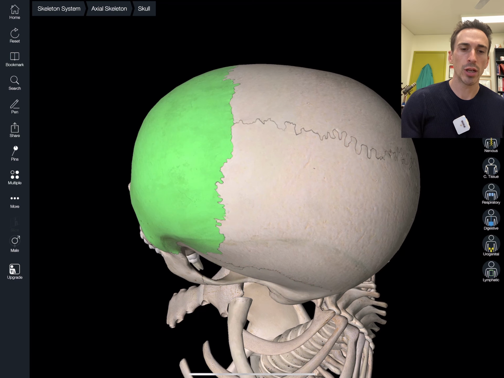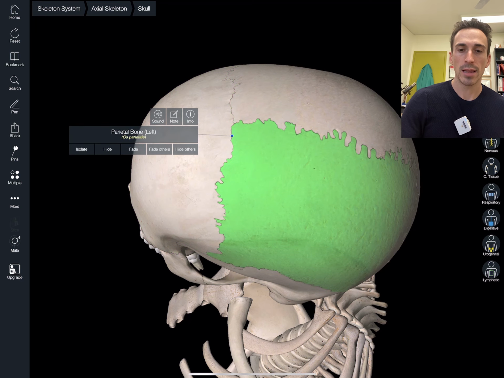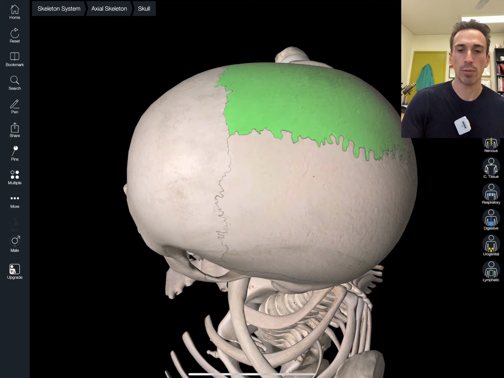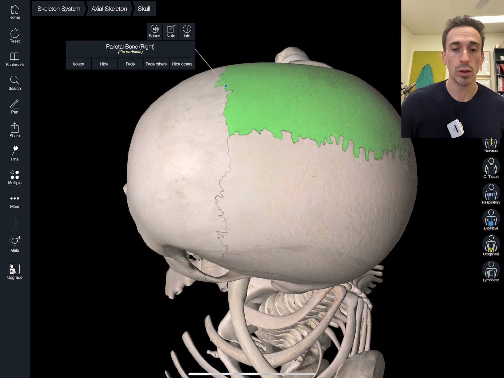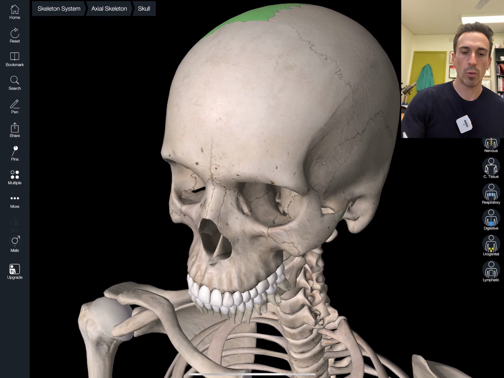So the suture here that separates the frontal bone from the parietal bones is called the coronal suture. And the suture that separates each parietal bone is called the sagittal suture. So that's really important. Let's reiterate what we've gone through.